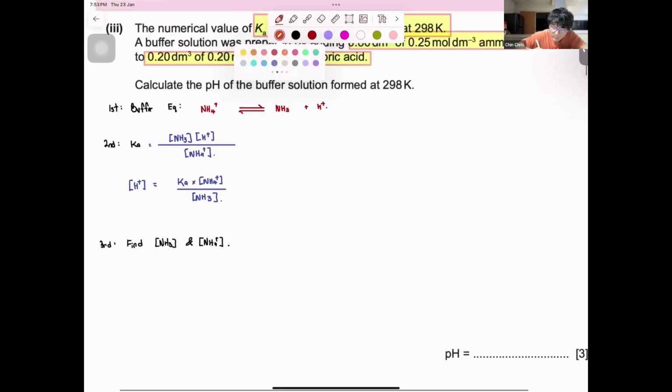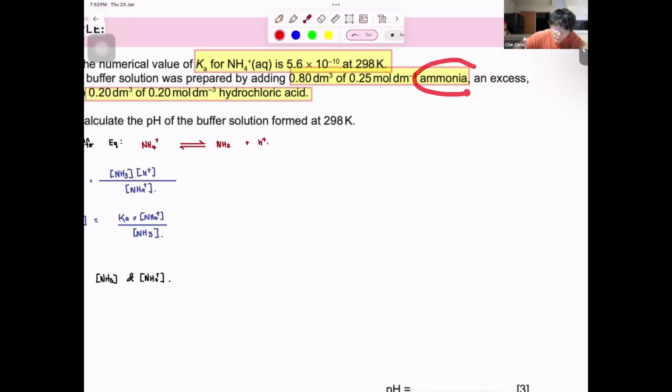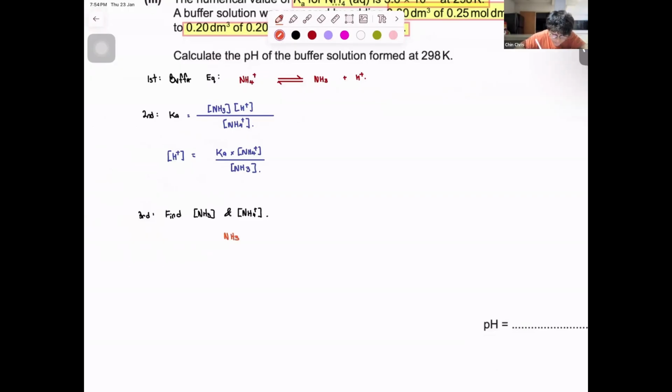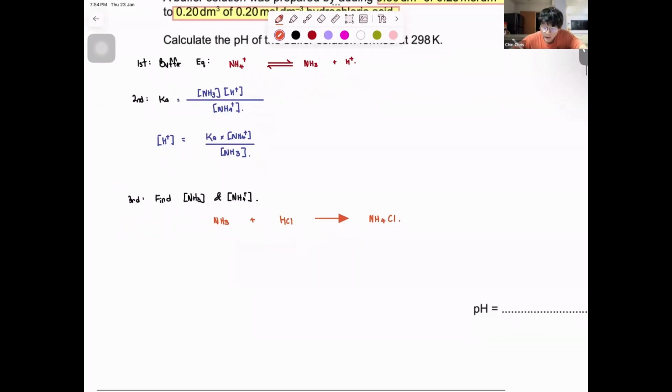So I know that what am I adding? I'm adding ammonia into HCl, right? Write down the equation first. Ammonia plus HCl turns into NH4Cl, or NH4+ plus Cl-.